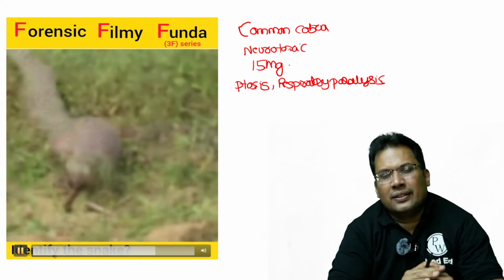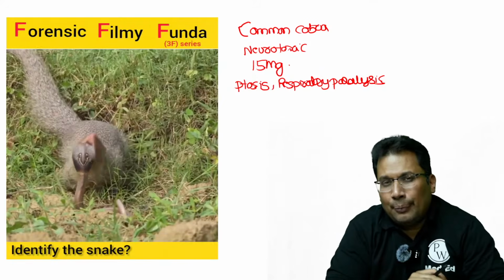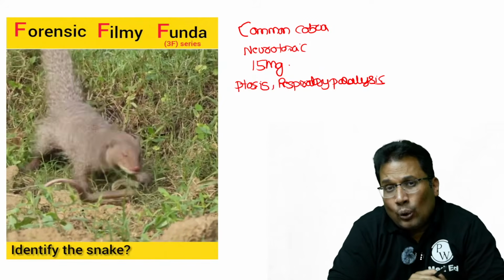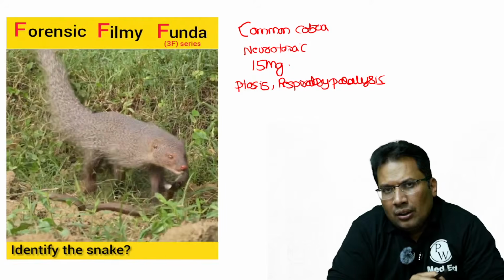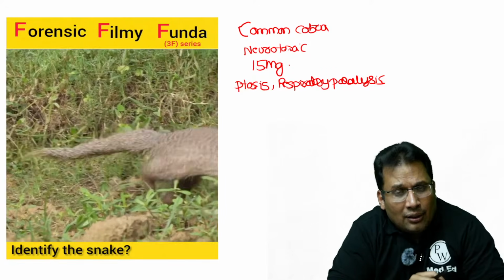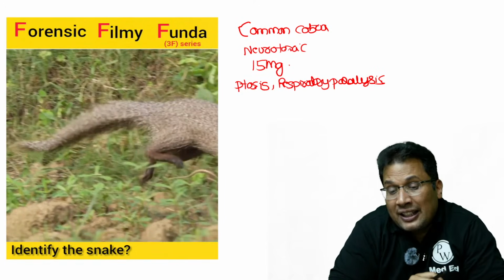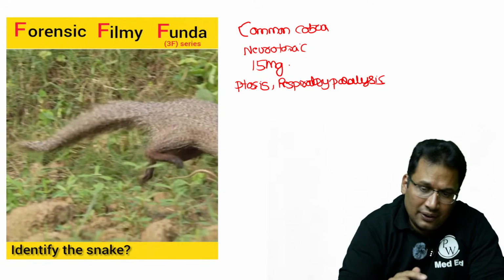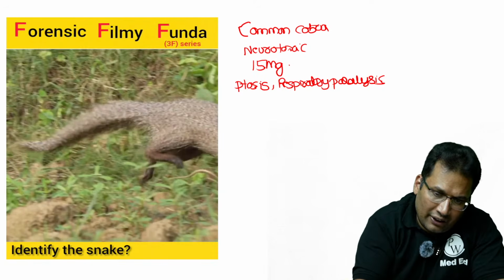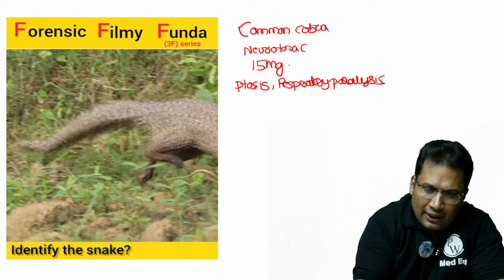So ptosis, there can be some local signs like local pain, broken neck sign, paralysis of the muscle, especially respiratory paralysis, and death. So the fatal dosage is, I said, 15 milligram. Fatal period is around 6 to 12 hours.